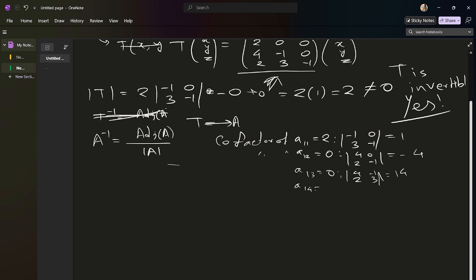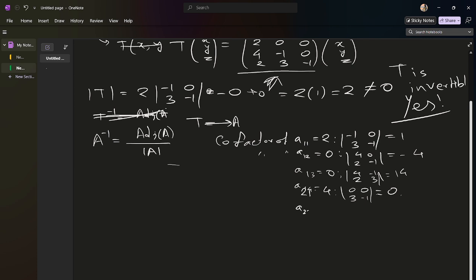Now it will be A21: the minor is (0, 0; 3, minus 1). So 0 into minus 1 will be 0, and 0 into 3 will be 0, so it will be 0.